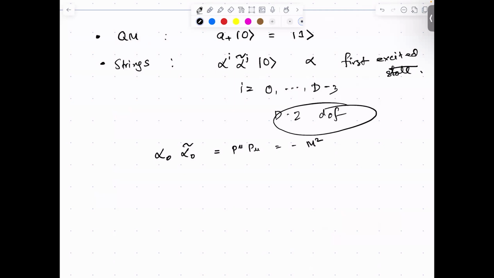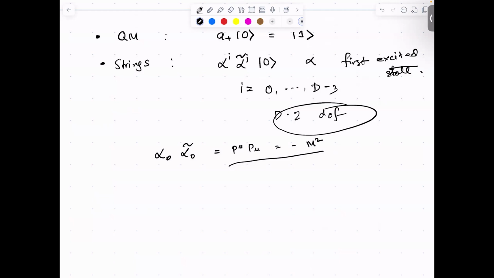Have you seen this in special relativity? That's the invariant mass, right? This is weird. We never had those in ordinary quantum mechanics. But since we are dealing with a relativistic theory, maybe this is expected.